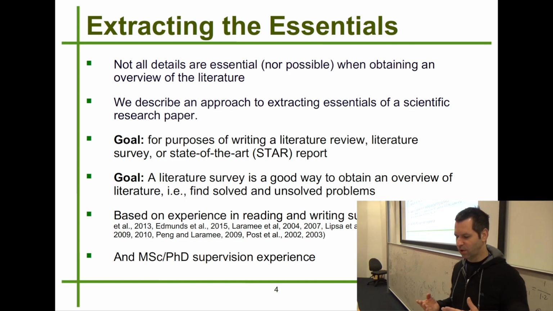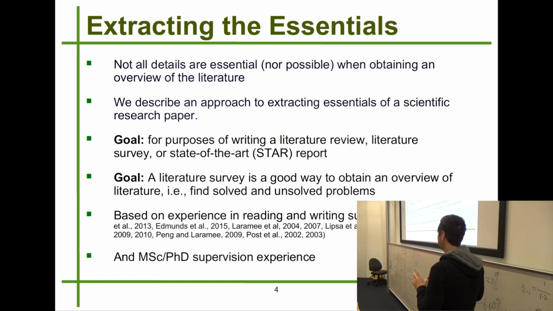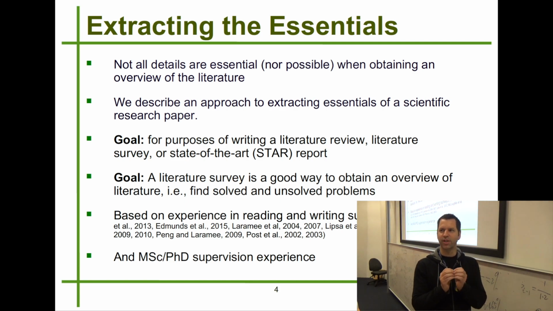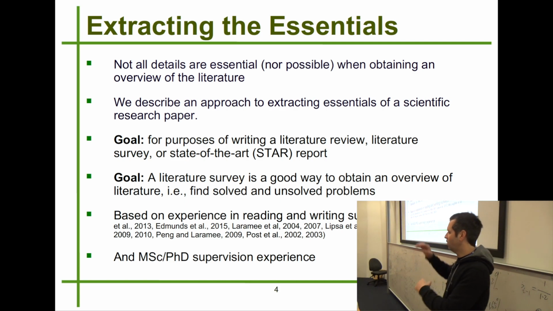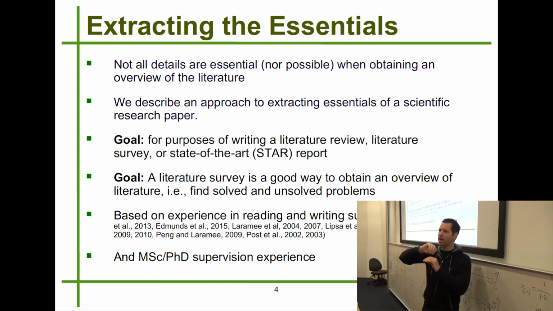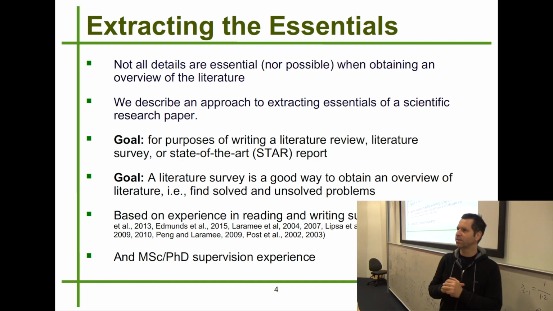So the goal is to figure out this technique of extracting exactly what you need in order to summarize a paper and put together a literature review. You have these 10 pages. Where in those 10 pages is the stuff that's important that you need to take out of it? And then you just leave the rest. The rest is not that important.